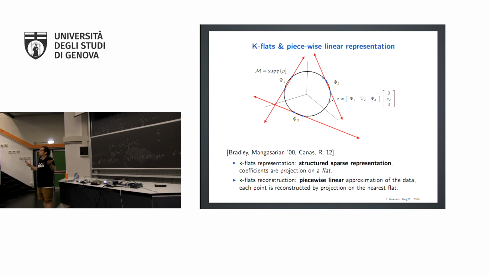This is one thing you could do, which means that the regions are computed by checking the distance to just a vector, but then in the end, you approximate the points with a concatenation of subspaces, with these flats. K-flats is almost doing this, but it's doing it in a better way.